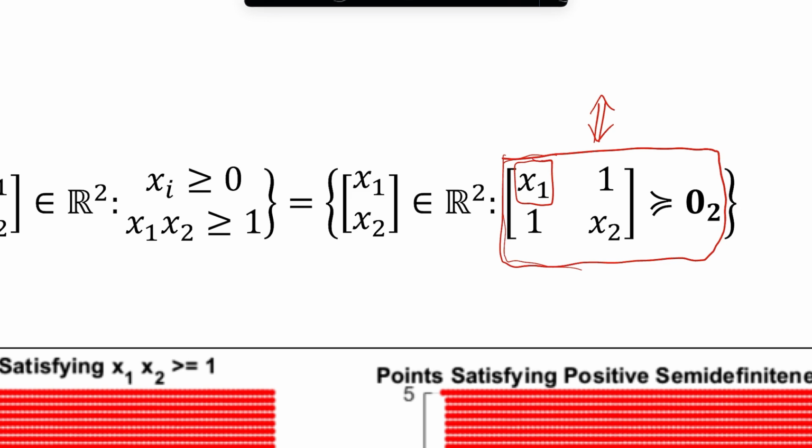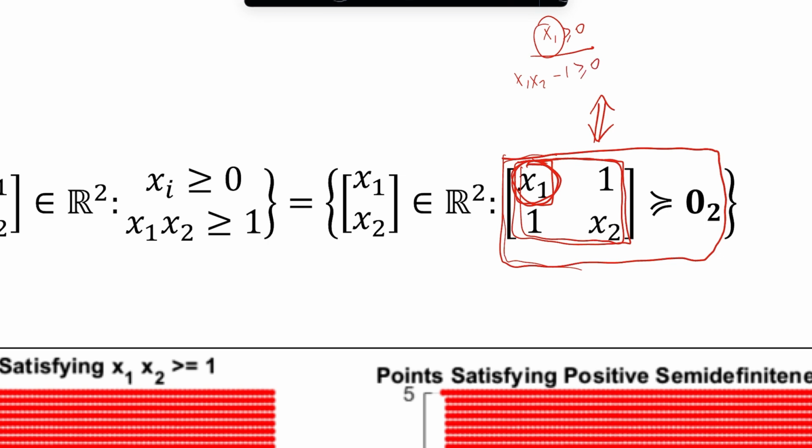Let's use Sylvester's criterion, I think it was the name. x1 is positive definite, and the 2 by 2 matrix is positive definite, and the determinant of that one must be positive. But this is just a 1 by 1 matrix, so the determinant is the entry itself, and for the 2 by 2, I'm writing x1 x2 minus 1 must be positive, right?